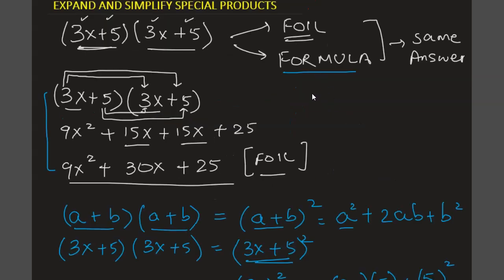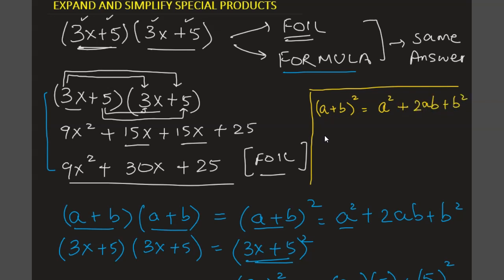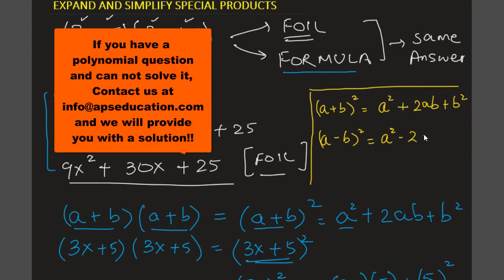Now let's conclude the three formulas that we have learned in this lesson. First formula is, if a question is given in the form of a plus b whole square, it can be simplified and would give us a square plus 2ab plus b square. If a question is given in the form of a minus b whole square, it will be simplified as a square minus 2ab plus b square.